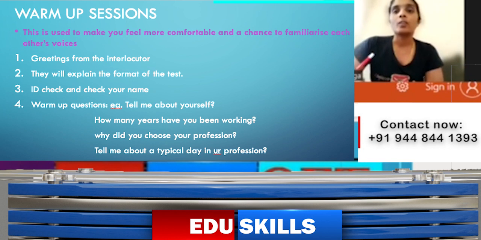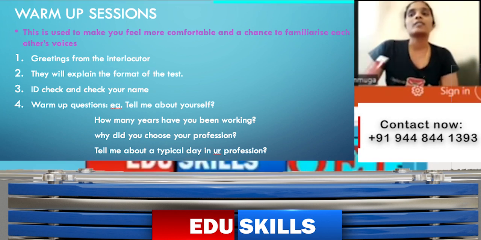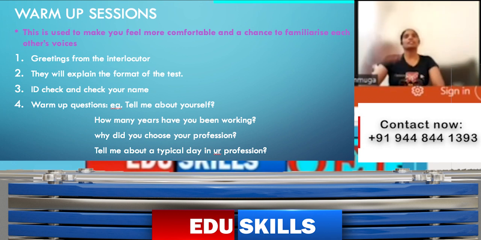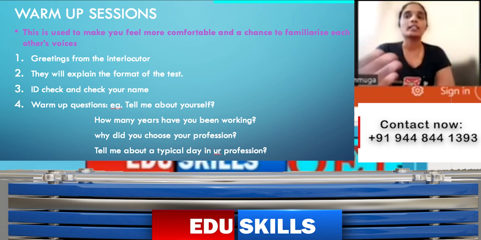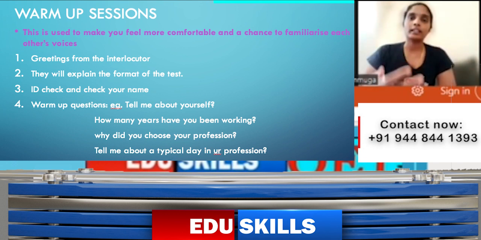Moving on to the warm-up session. Why have they kept this warm-up? It makes you feel more comfortable, and also helps you familiarize yourself with the interlocutor's voice. Whenever you enter the interlocutor room or speaking subtest room, they will greet you and tell you their name. You can use this name while you are speaking on the card as well.